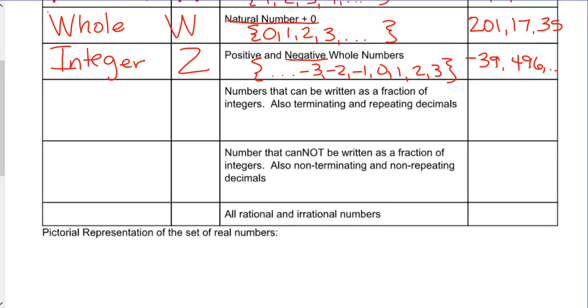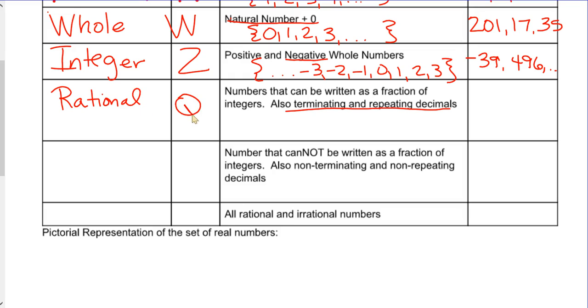All right, now, moving into a broader category, we have numbers that can be written as a fraction of integers. So basically taking the set we just looked at and being able to put them as a fraction. Also in decimal form, these are our terminating and repeating decimals. Terminating means it stops. Repeating means it has a repetitive pattern. These are all what we refer to as our rational numbers.